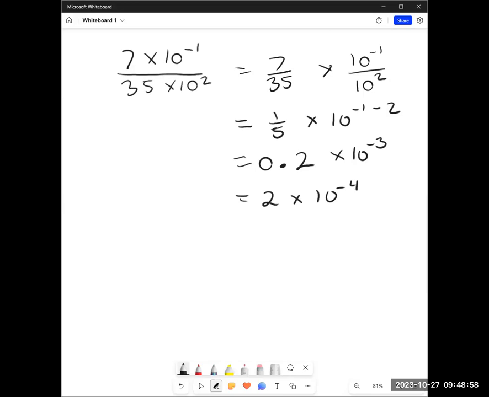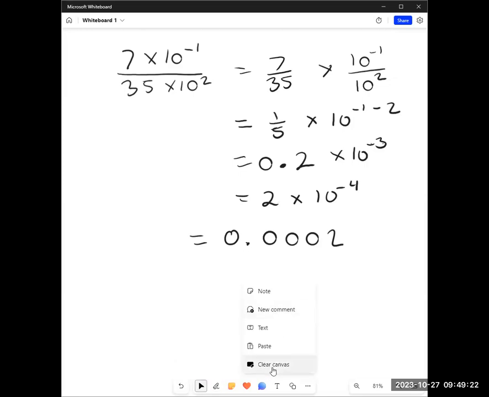That's scientific notation, but this is going to be 0.0002 in standard form. I've taken this decimal and I moved it 3 places to the left, so I have 3 zeros in front of the 2. Let's go ahead and clear my whiteboard.